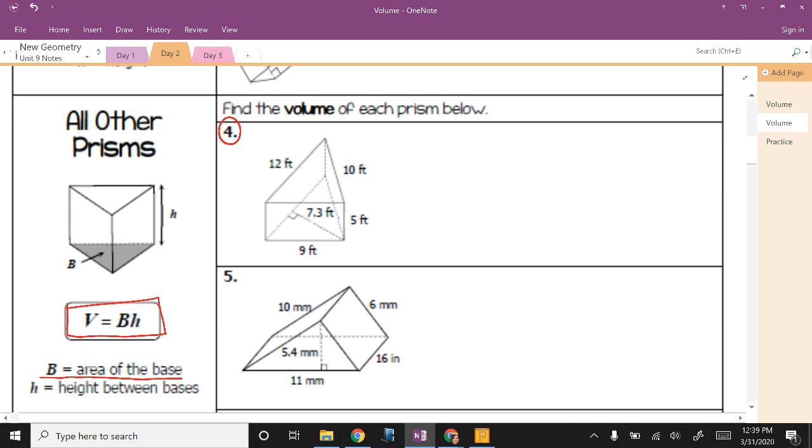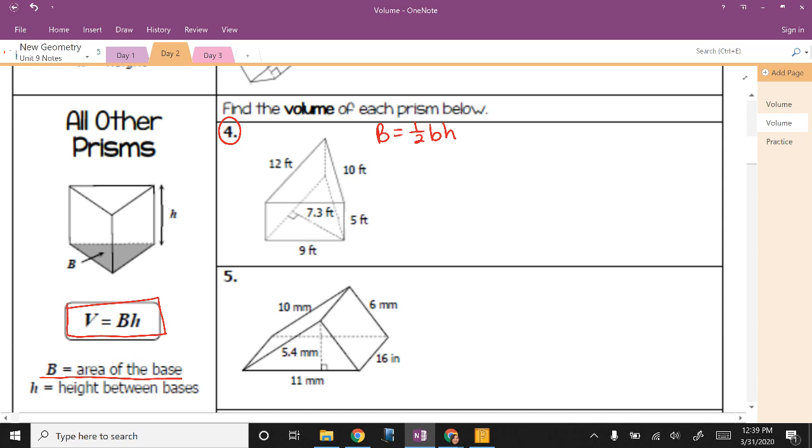So whatever shape your base is, you can use your formula sheet and find the area of the base. So this base is a triangle. It's a triangular base. So for this one, big B is going to be a triangle. So big B is 1/2 times base times height. That's how we find big B for number 4.